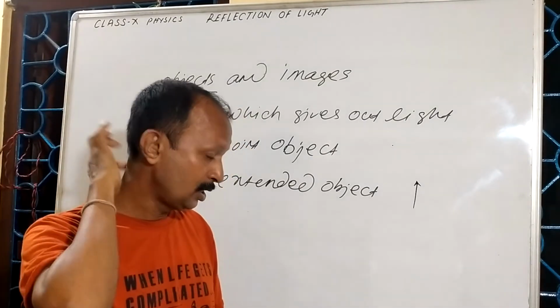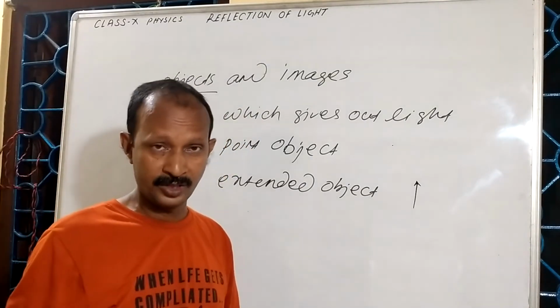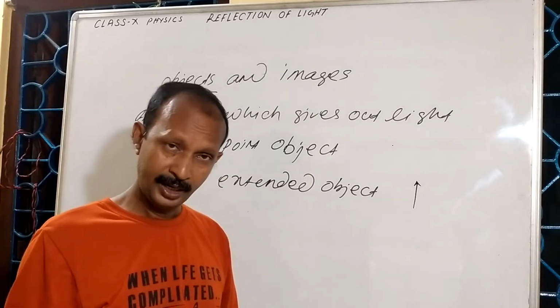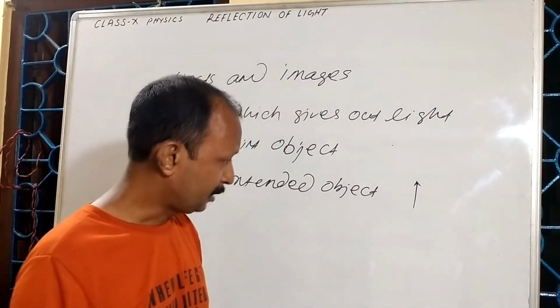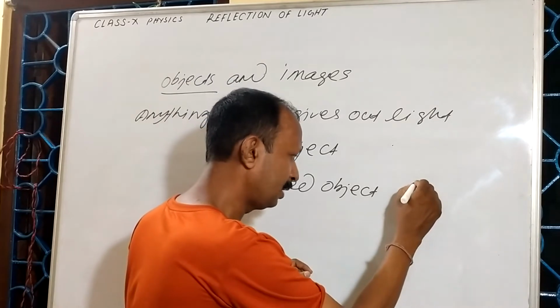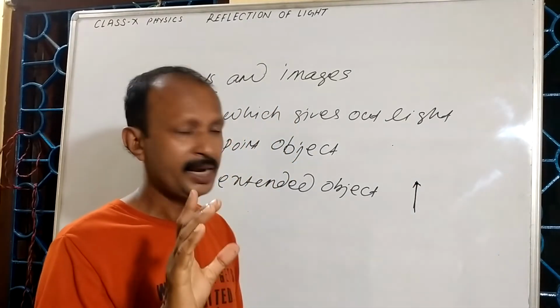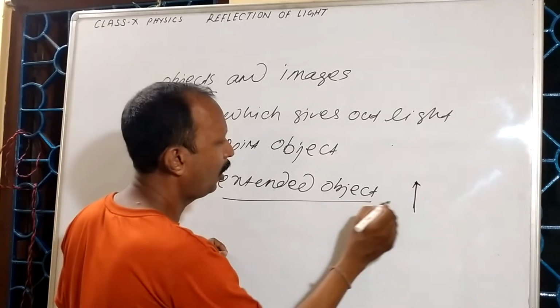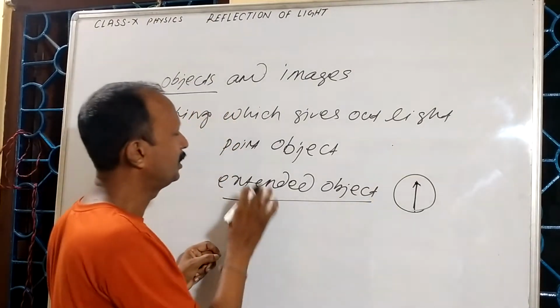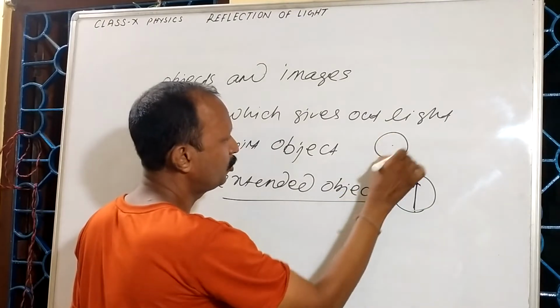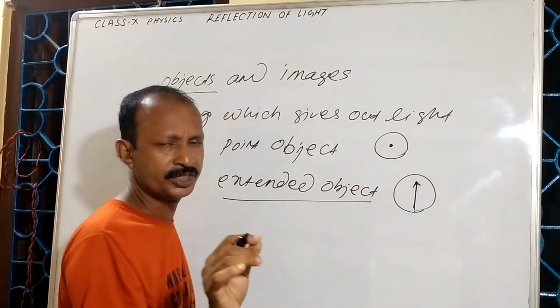For the extended object, we will use one upward arrow mark. Throughout the topic, whenever we think about the object, it may be a building, it may be a person, it may be a mountain, but all the time we'll use the upward arrow mark. That is the extended object or enlarged object. And the other one we will use is the point object.